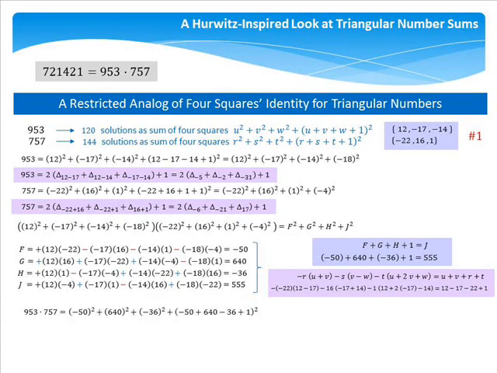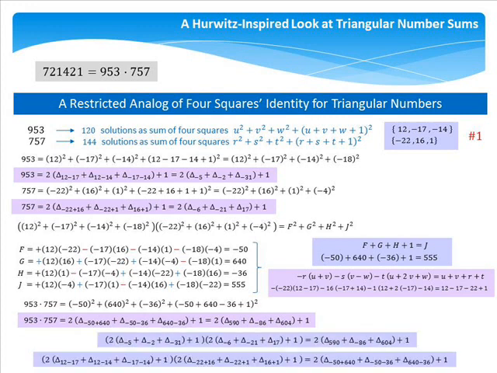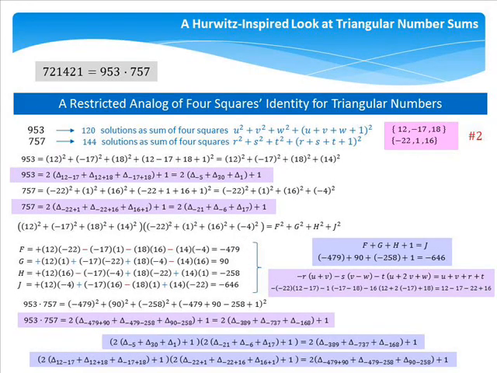This lets us express 953 times 757 as 2 times the sum of 3 triangular numbers plus 1, illustrating how the product of 2 integers in this form yields another integer of the same form, provided the necessary conditions are met. We also look at solution 2, which gives different values for the resulting triangular numbers.